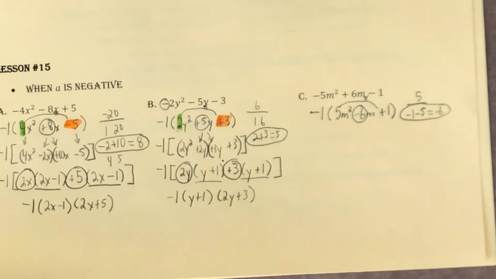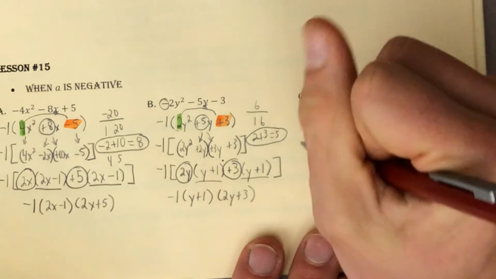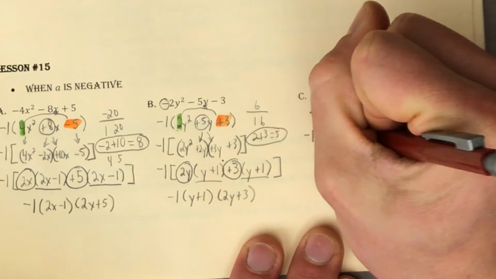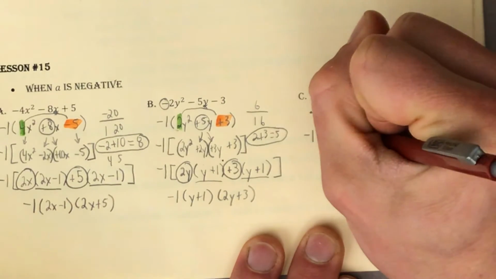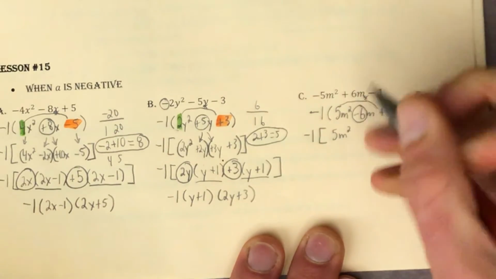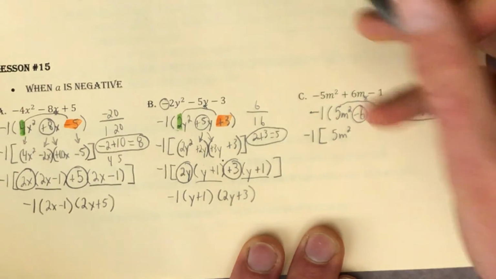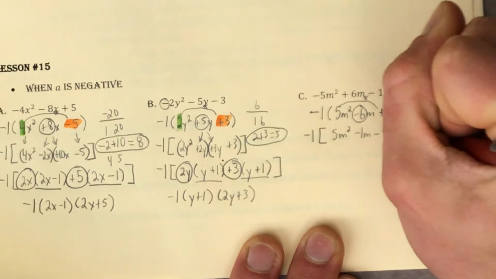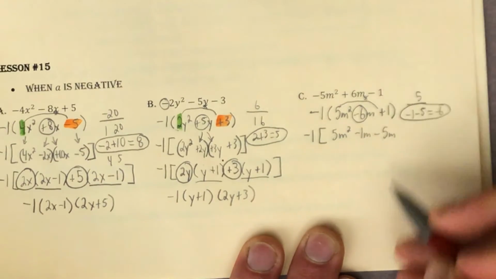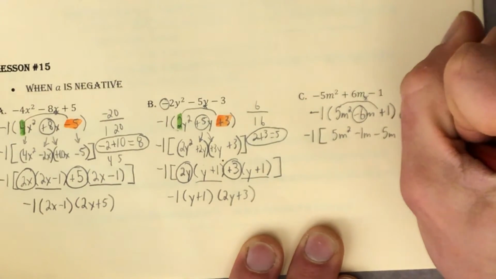So now we need to move on to step 5, which is to rewrite the polynomial, splitting up the b term. So first thing I'm going to do, bring down my -1, switch to my brackets. Lead term stays the same, so 5m squared. Split my b term of -6m into -1m minus 5m. And then bring down my last term, which is positive 1.